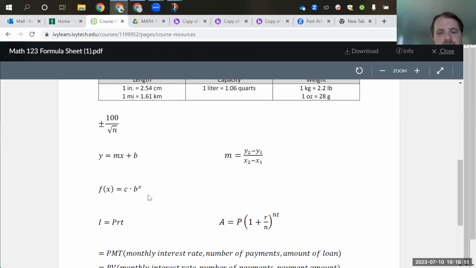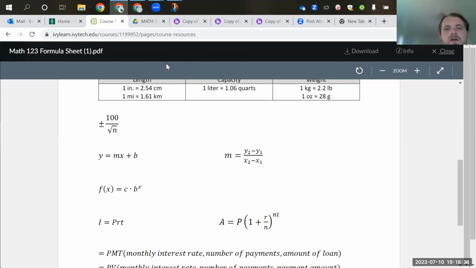So this little thing right here is the C is going to be your initial value. So that's like, this is the parent function of an exponential function. So the C is your initial value, and then the B is how it changes per year or just over the period of time. It's either going to increase or decrease, grow or decay.